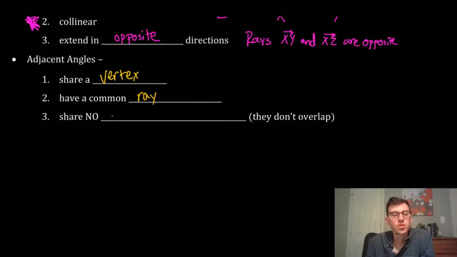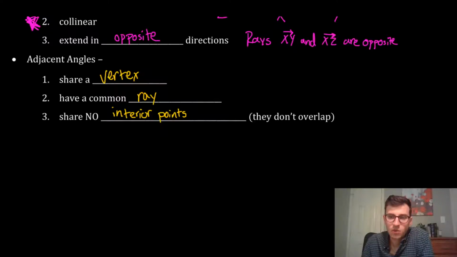They don't share any, what's the best way to say this? They don't have any space on the inside. They don't share any interior points. They don't overlap. Okay, so let's give some examples of what this might look like.